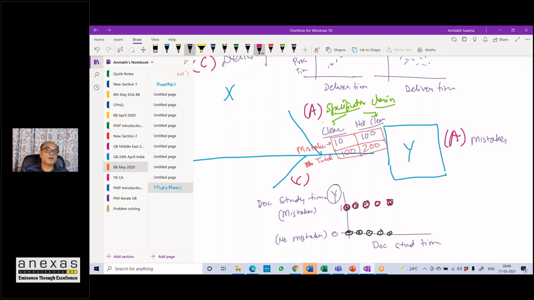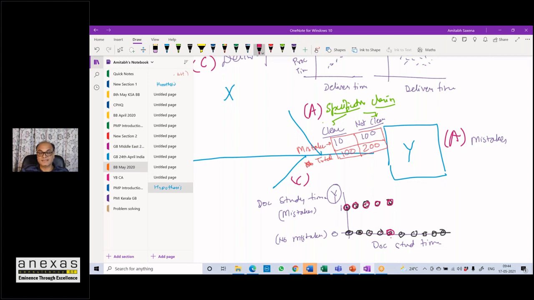Now, let us make this x as hours. So at 0 hours, probability of mistake is 1. At 1 hour, 2 hours, probability of mistake is still 1. At around 1, 2, 3, 4 hours, there was no mistake.